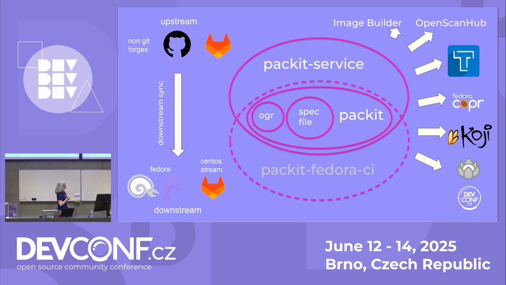On top of Packit, we have a continuous integration service, whose code base is named Packit Service, and we are also writing Packit Fedora CI on top of Packit. Okay, and that is a really quick overview.